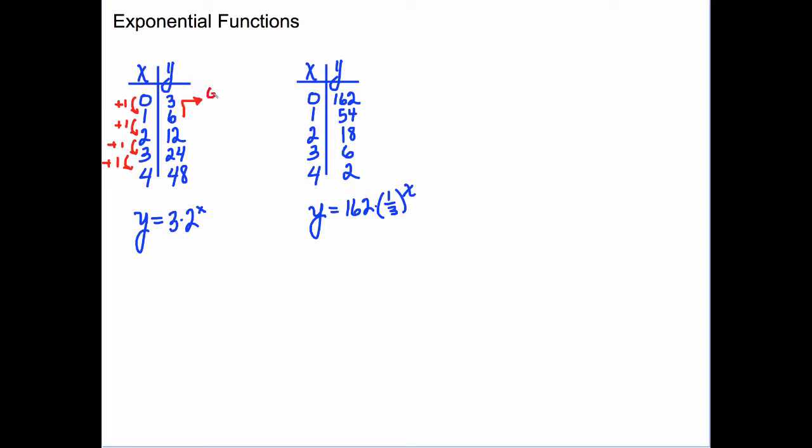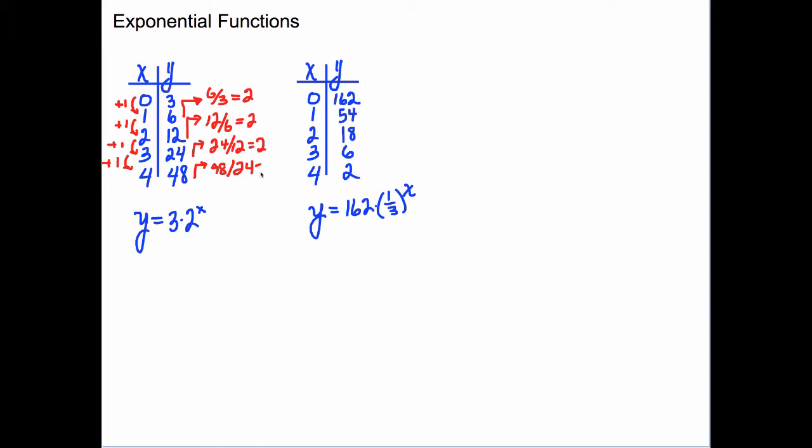So we're going to divide 6 by 3, and we get 2. Here, we divide 12 by 6 and get 2. Here, we divide 24 by 12 and get 2. And here, we divide 48 by 24 and we get 2.